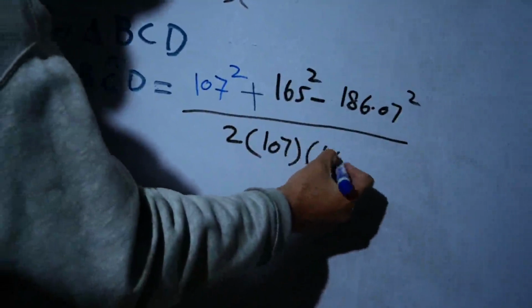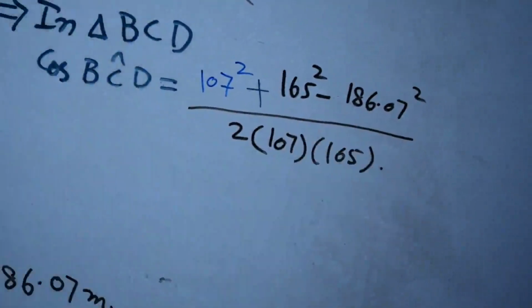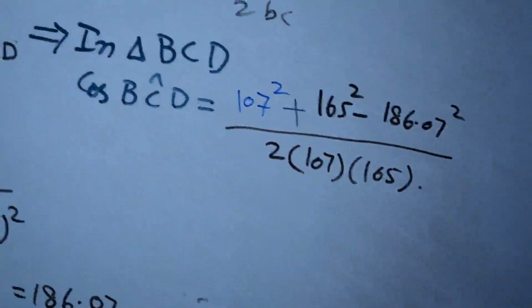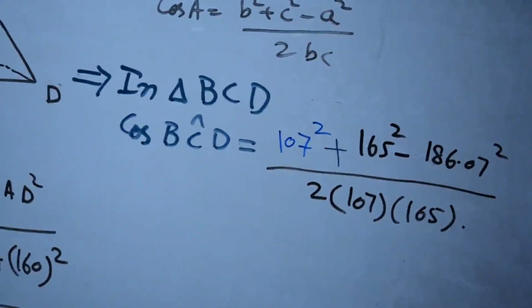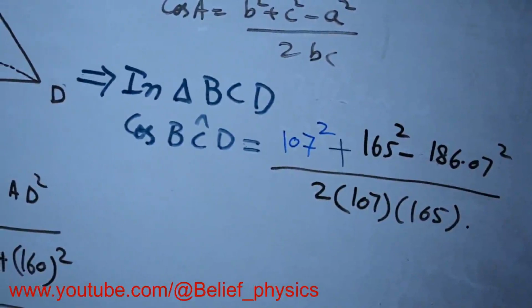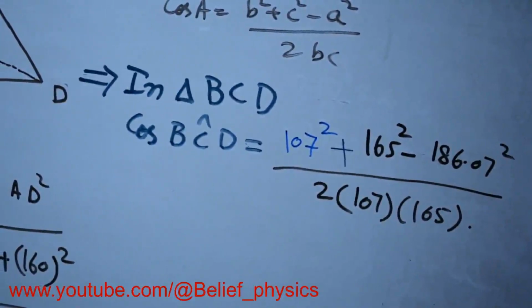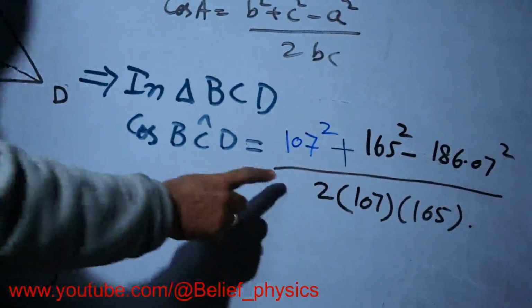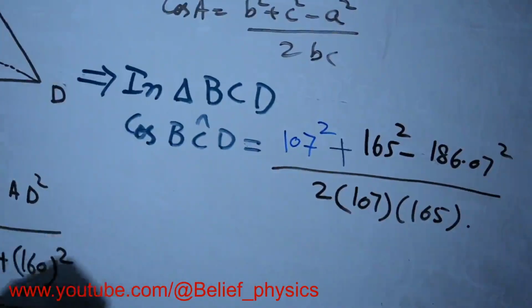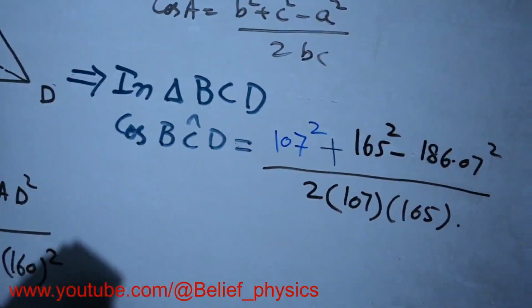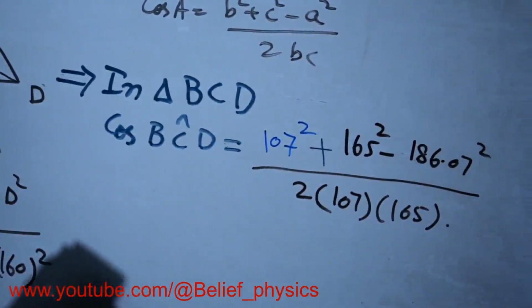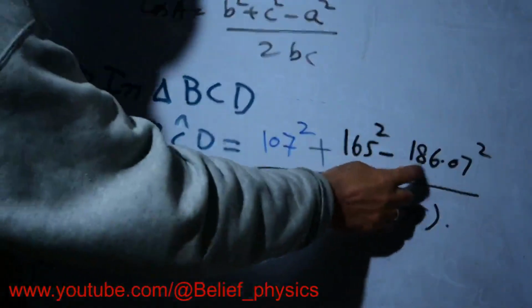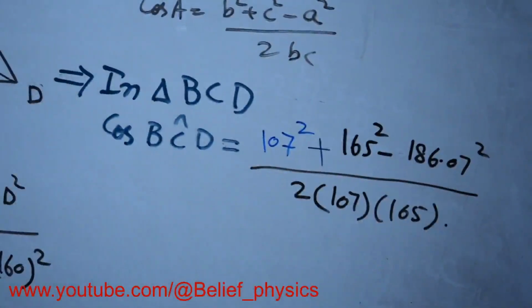I solve it with the help of a calculator to get the answer. So this fraction comes out to be 107 square plus 165 square minus this number square, which is 34625.